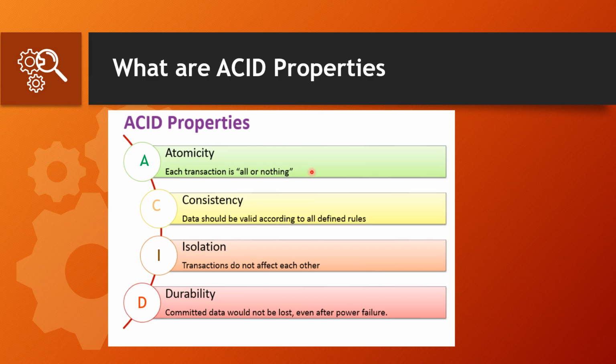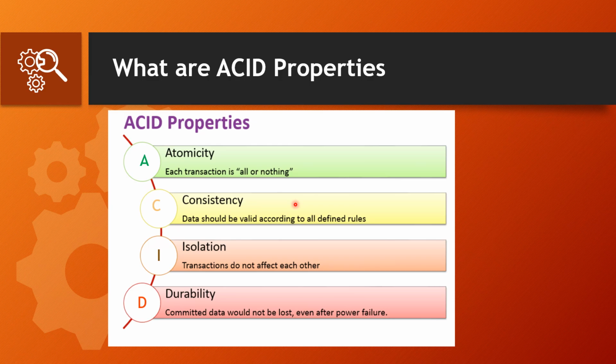C stands for consistency. Consistency means data should be valid according to all defined rules. In the last lecture we learned about different constraints: primary key constraint, unique constraint, default constraint, and check constraint. If you have some idea of it, then that is really good.